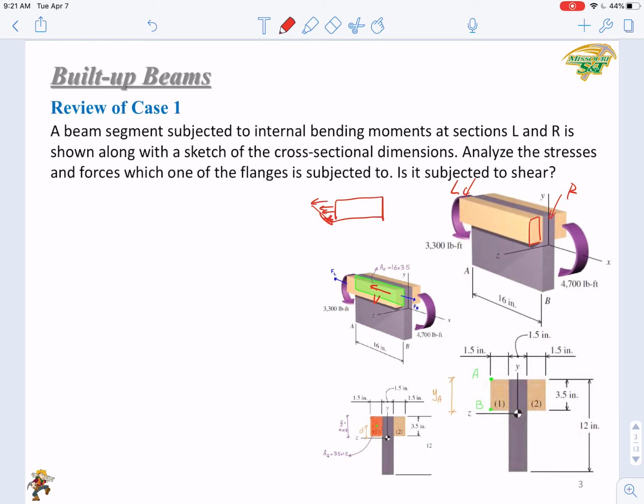On the right hand side you have a larger bending moment. As a result, the resultant force delta F is pointing right. So you will have a V generated on the interface pointing left to balance the delta F.